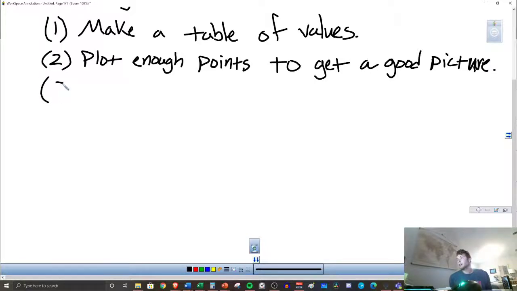Number 3, the third part, is to identify key features.